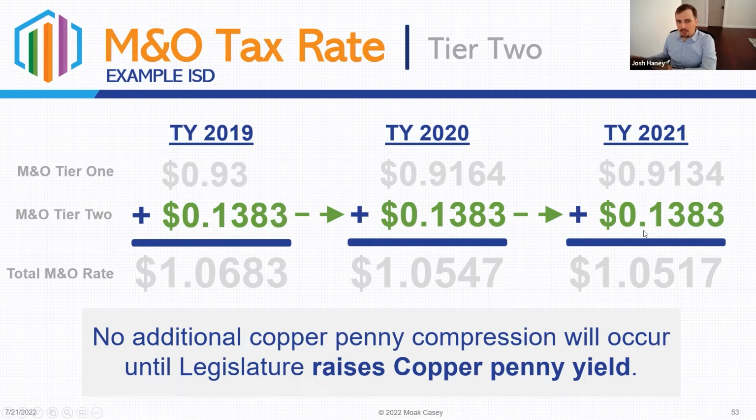Okay, and so they're only going to change again if you have a TRE, you do disaster pennies, or the legislature increases the yield of the copper pennies. Okay, and then that would compress the copper pennies.